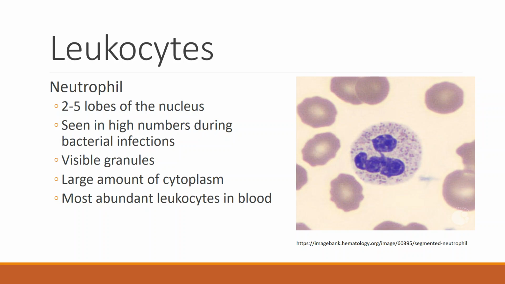This is a neutrophil. Now, the neutrophil is very unique. One thing we can notice is that the nucleus of the neutrophil is split into lobes. A typical neutrophil will have anywhere from 2 to 5 lobes.